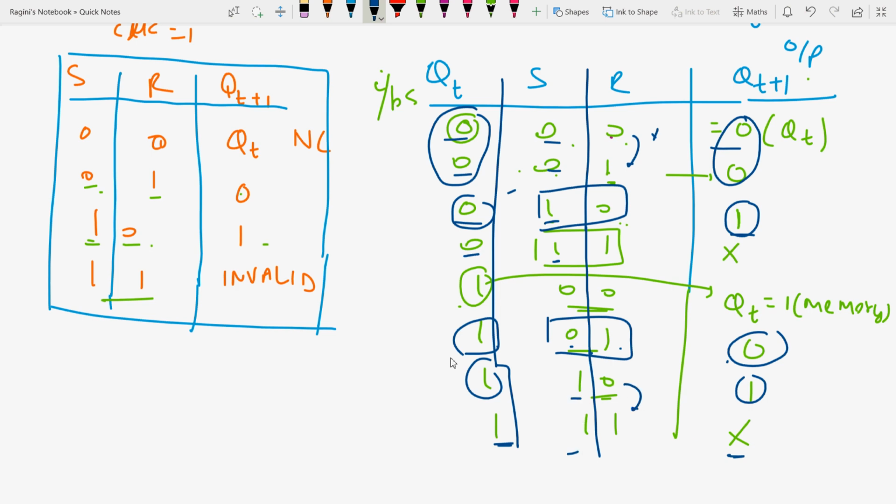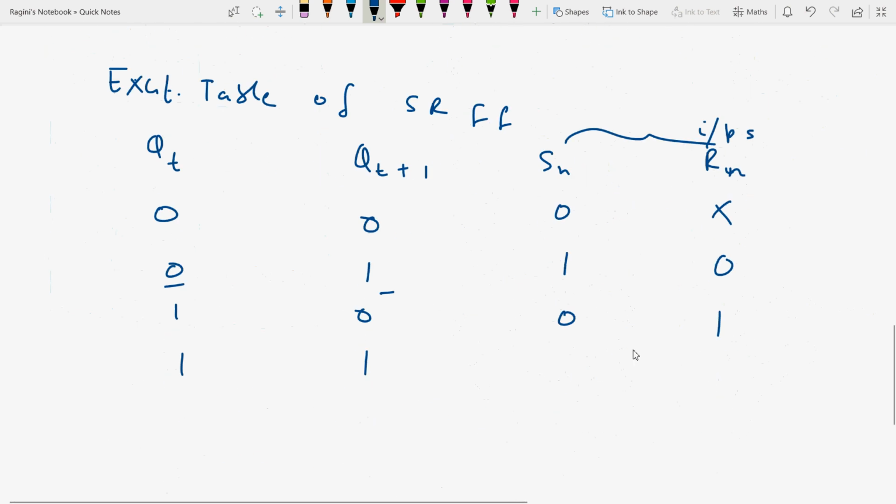Again where it is 1, as you can see from this table, it is the 1 1 condition. Okay, so you can see here SR is 0 0 and here 1 0. So here S is changing from 0 to 1 and R is constant, it is 0. So here it will be cross, 0, don't care condition. So this is the excitation table of SR flip-flop.